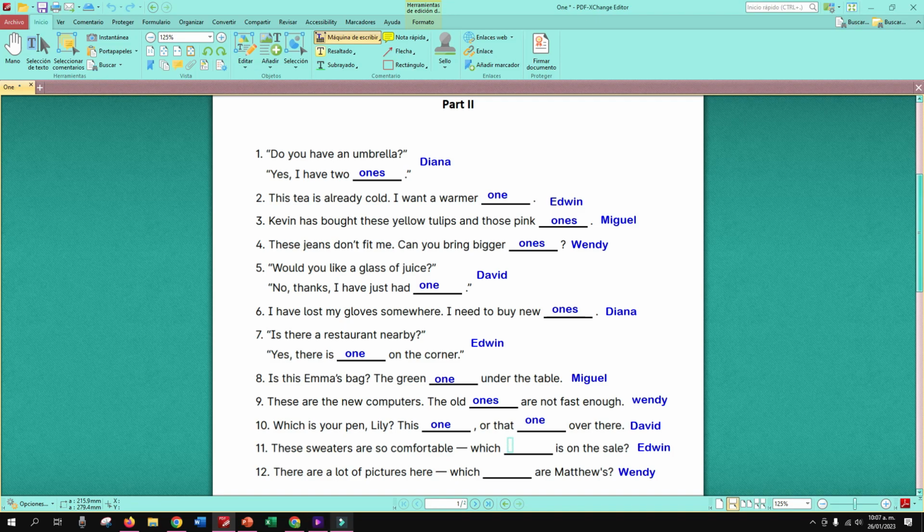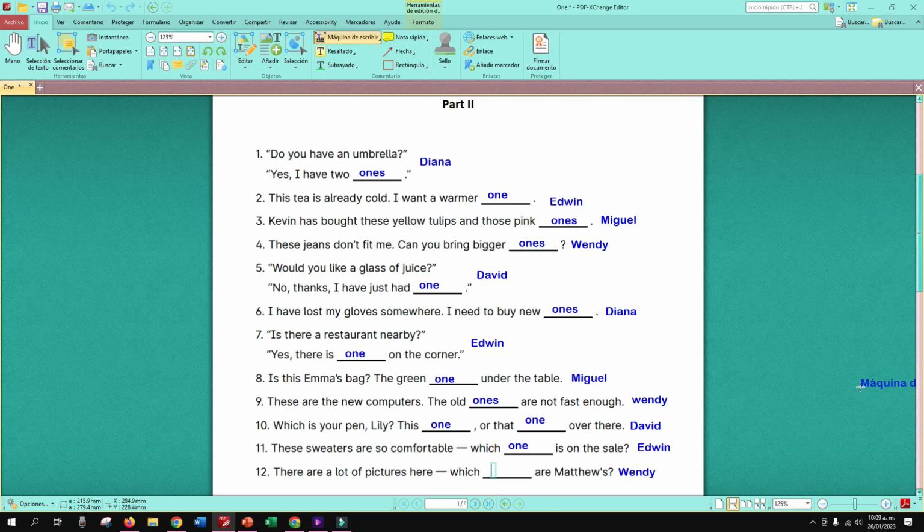These sweaters are so comfortable. Which ones is your favorite? Sweaters, right? Mr. Miguel, please, the microphone. So these sweaters are so comfortable. Which one, it says?